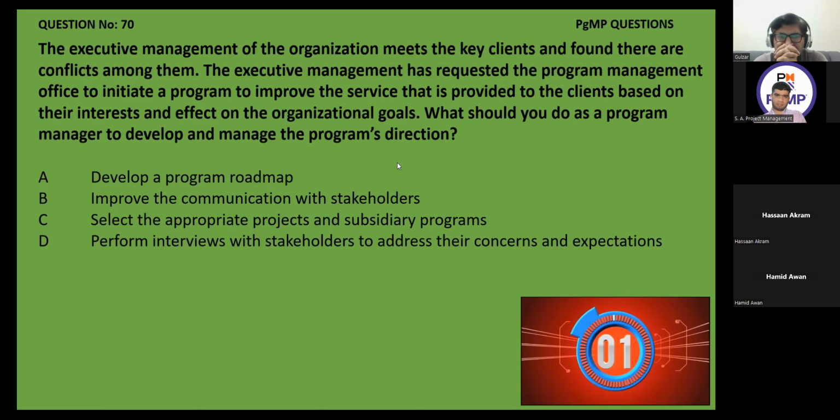What should you do as a program manager to develop and manage the program's direction? So he's asking us how we can develop and manage the program direction. So program direction is the keyword here, right?